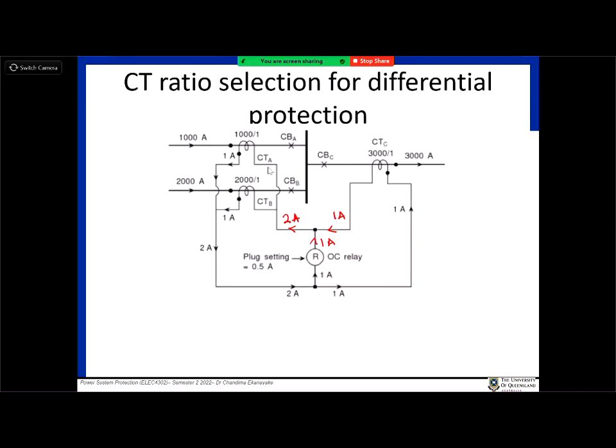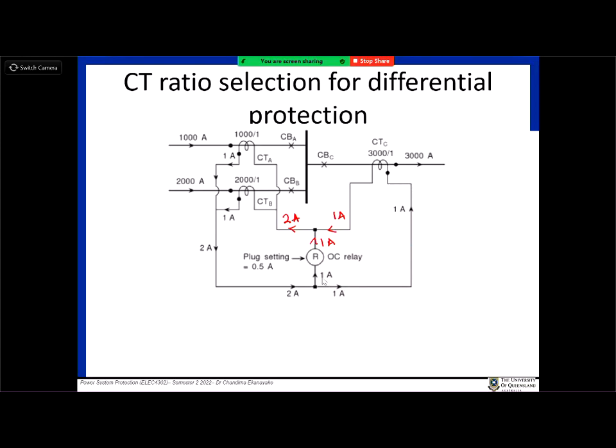You connect them in a way that you can add the currents going through these. So this is 1 amp, this is 1 amp, because 1000 amp, 2000 amp, and then this is 3000.